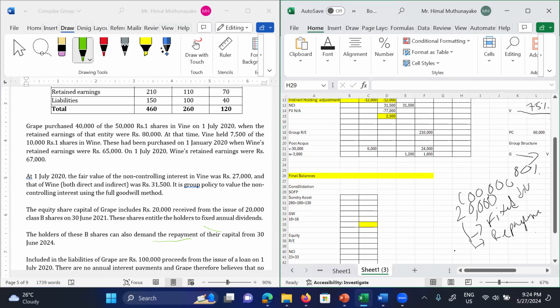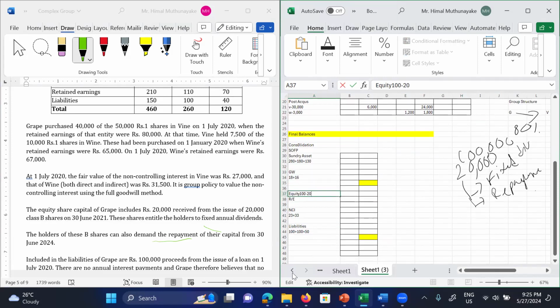It's presenting the liability characteristics. So what we need to do is remove this 20,000 from the equity and allocate it to the liability, right? So that adjustment you can make in the SOFP here: 100, you need to minus 20 and you need to add it to the liability, right?